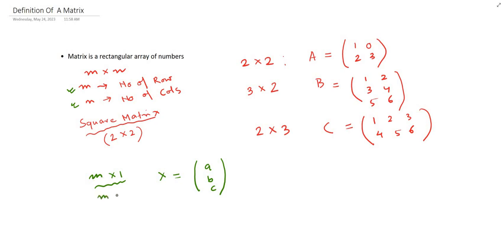Let's consider here m equal to 3. So whenever any of these dimensions is 1, it is called a vector.